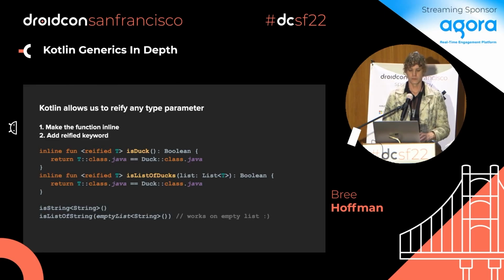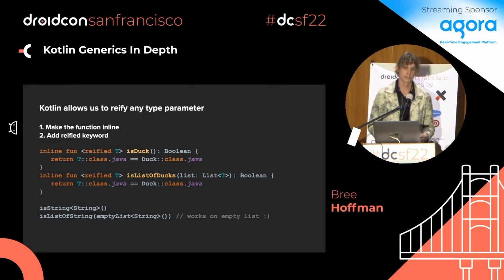So if you wanted to reify a type parameter, you would first make the function or method inline, and this is going to come at the cost of copying that piece of code around when we're compiling the program.